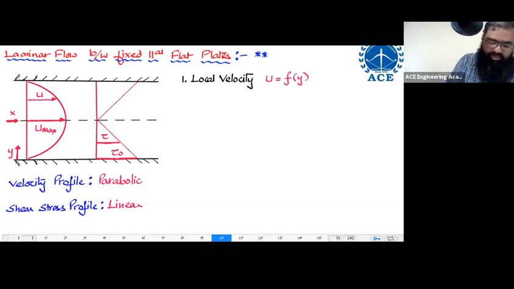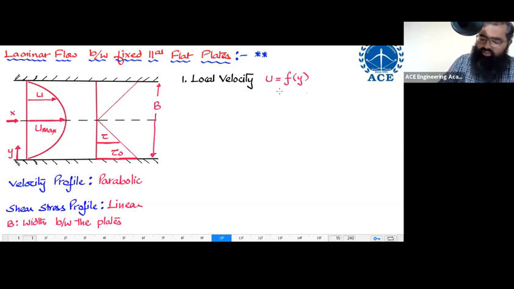One more thing I have missed mentioning. The distance over here is capital B. So capital B is the width between the plates. Actually, u is a function of the y-axis.